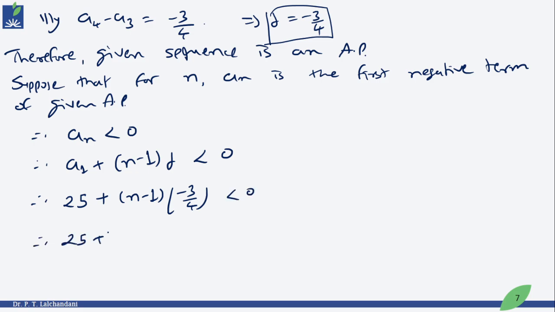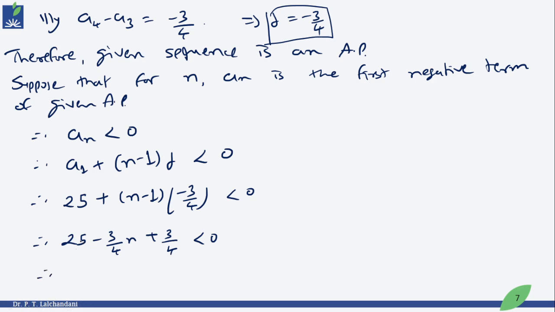Let us simplify this term. So n into minus 3 by 4 is minus 3 by 4 n, and minus minus becomes plus 3 by 4, and this is less than 0. Right? Now simplify this term, 25 plus 3 by 4. Now to add these two terms, we require the denominator to be the same. So what we will do again? We'll multiply and divide this term by 4. Right?